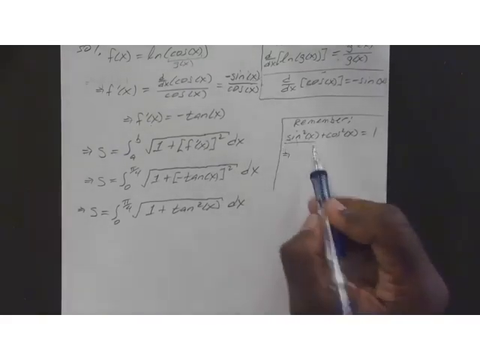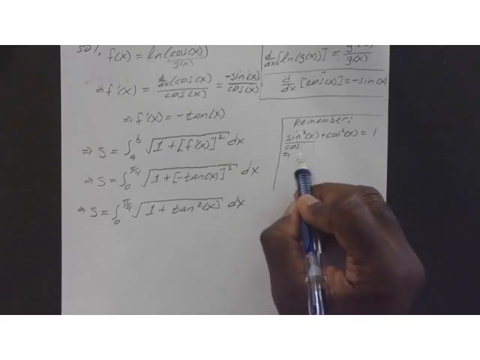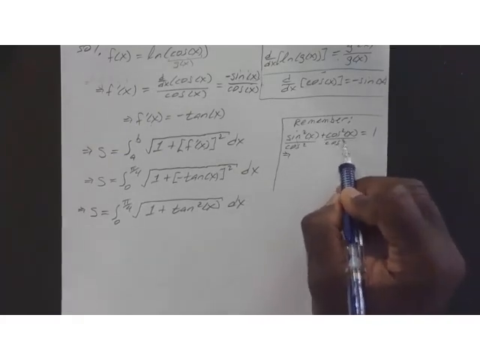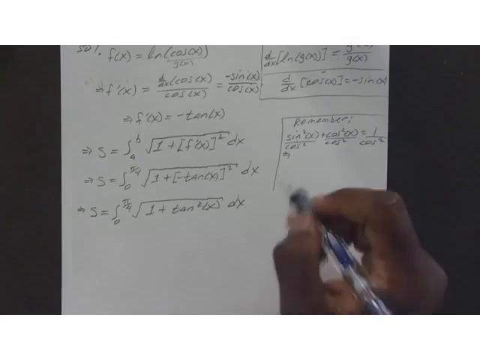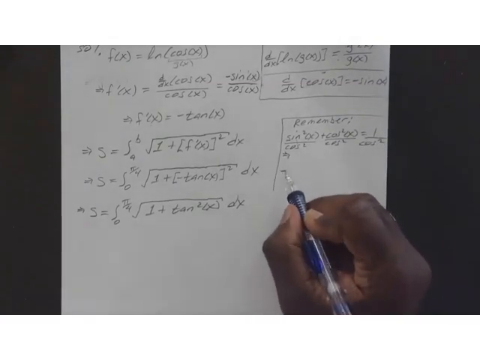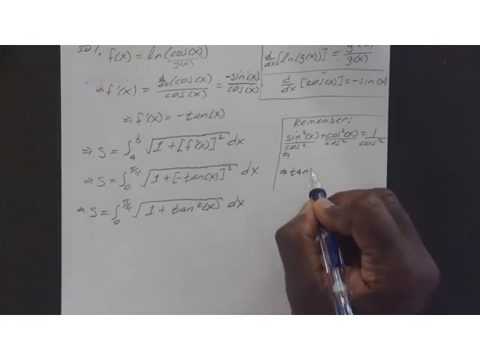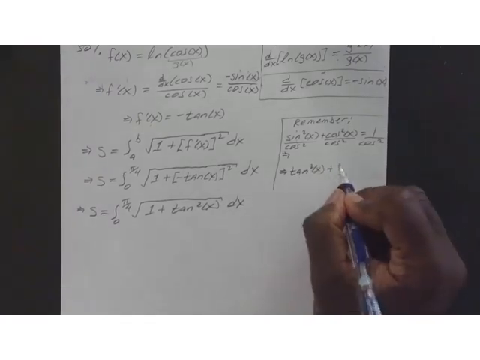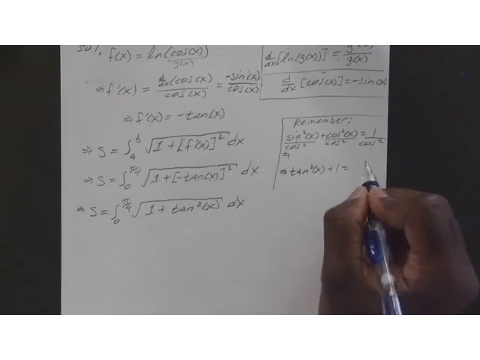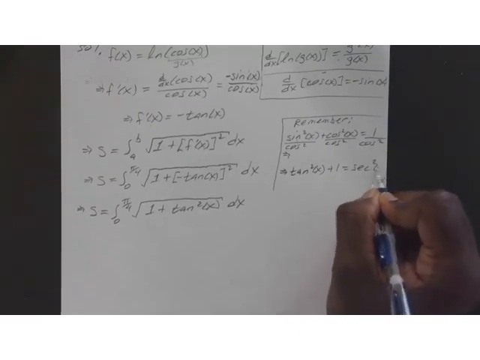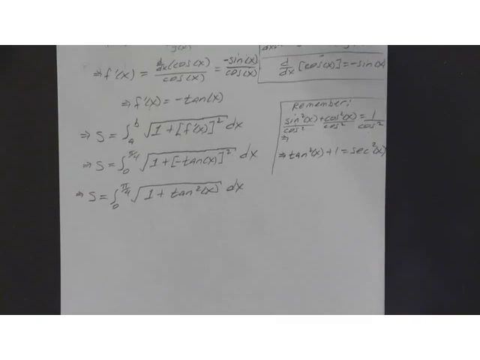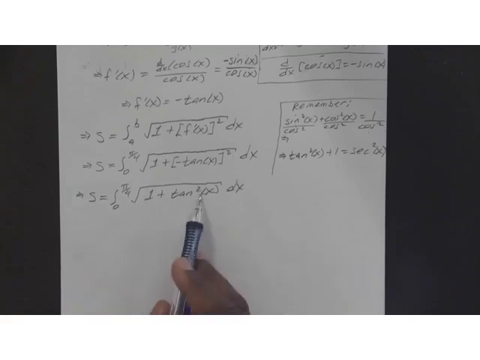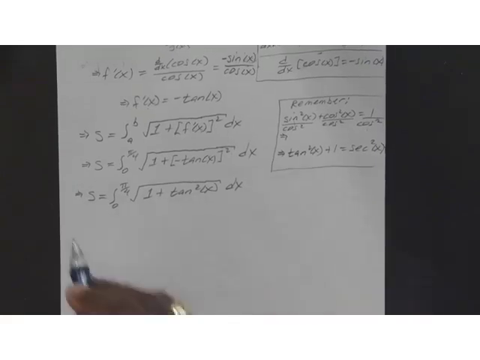Okay, so if we divide each one of those by cosine squared, we have tangent squared plus 1 equals 1 over cosine squared, which is secant squared. So that 1 plus tangent squared, we can replace with secant squared.